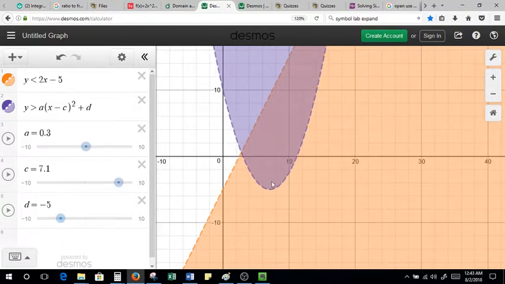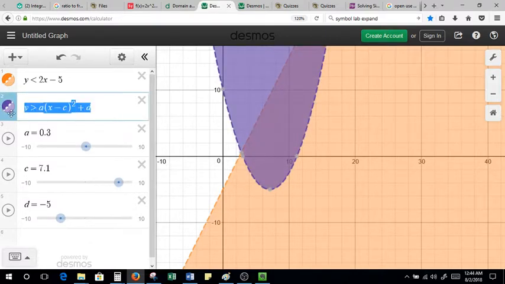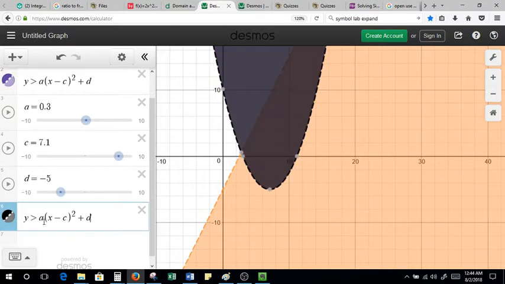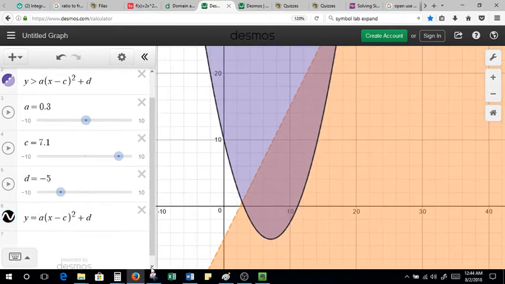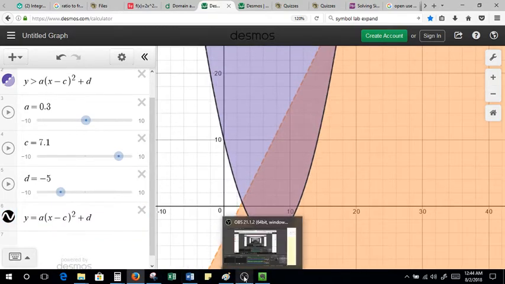But the actual shape of the function doesn't really change, right? So if we took this and created a function with an equality, we see that it outlines it perfectly. So for the most part, it's doing the same thing. It's just saying that this range in this domain is included in it as well. And that should do it for this one.